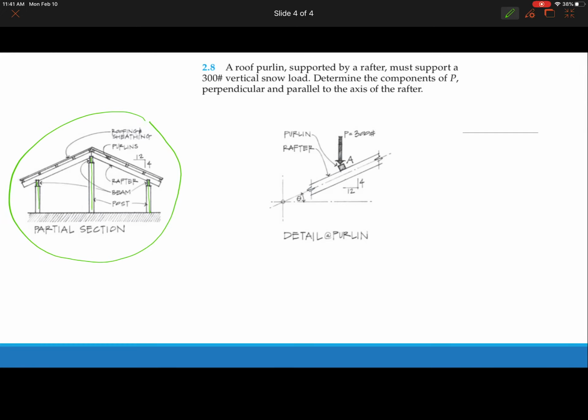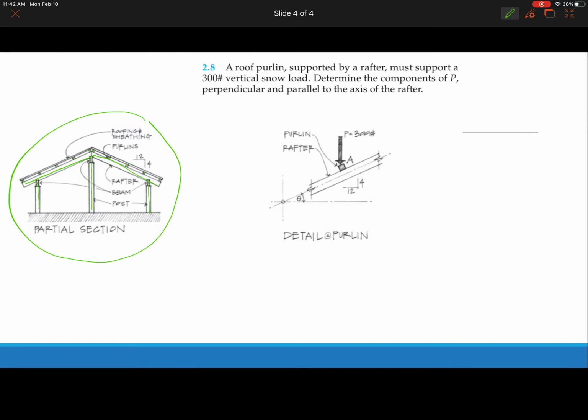And then we have the rafter, and on the rafter we have the purlins. We have five purlins on each side, and then we have the roof. So the load from the roof passes to the purlin, passes to the rafter, passes to the three beams, passes to the post.